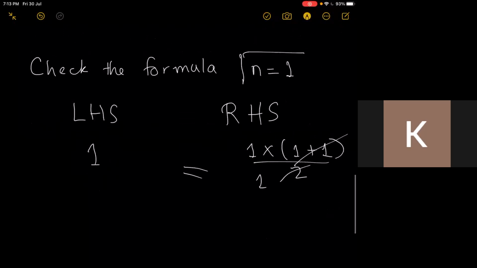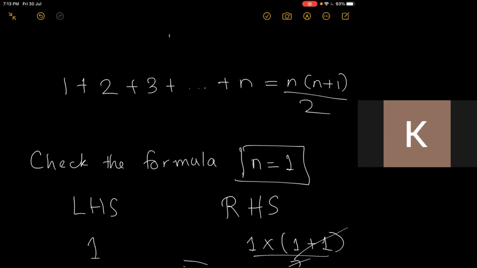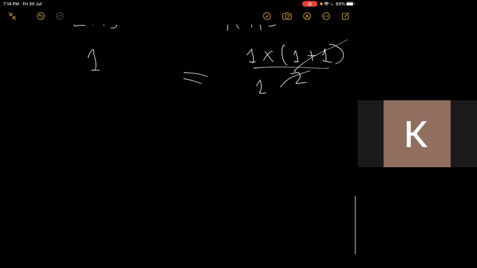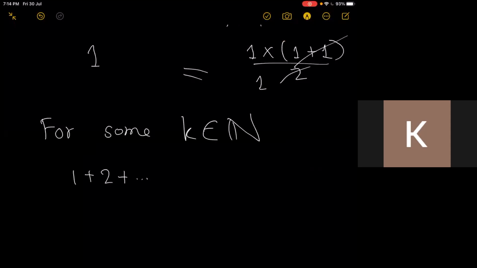So the n equal to 1 case, I know it is true. I don't know whether the formula is true always, but I know that the formula is true when I put n equal to 1. Now let us assume that for some number k, which is a natural number, 1 plus 2 plus up to k equals k into k plus 1 by 2.